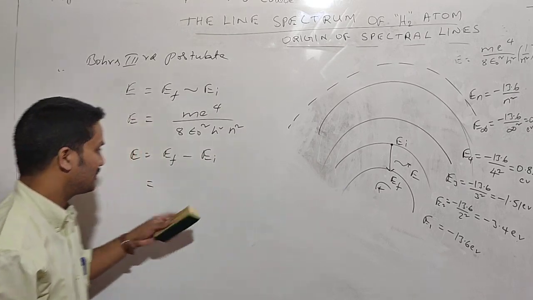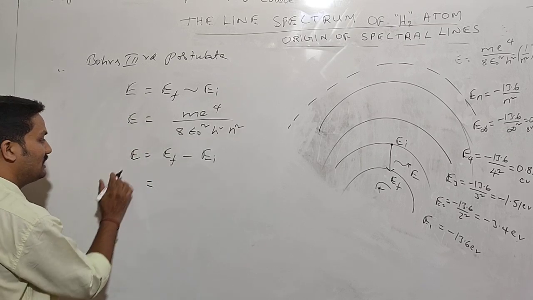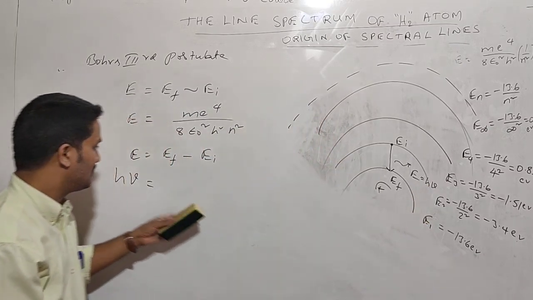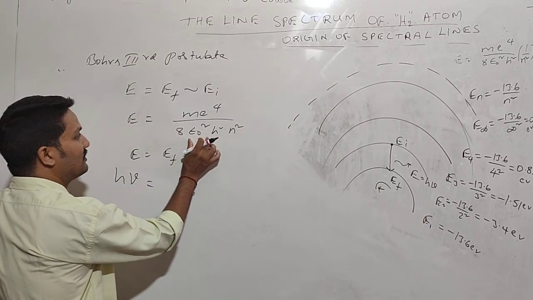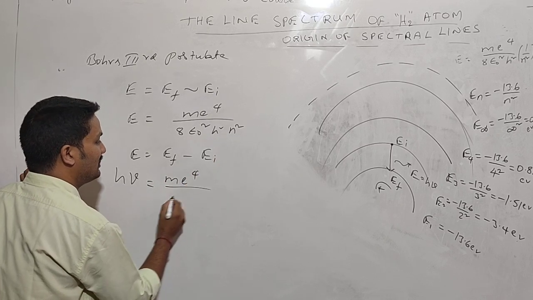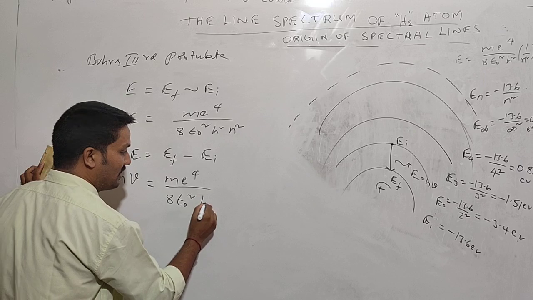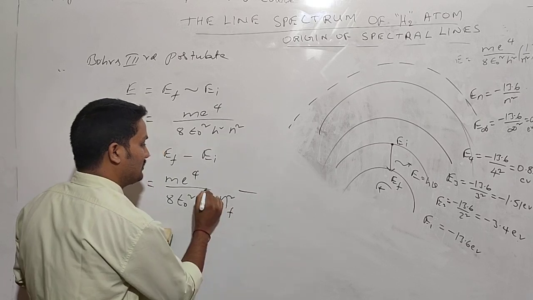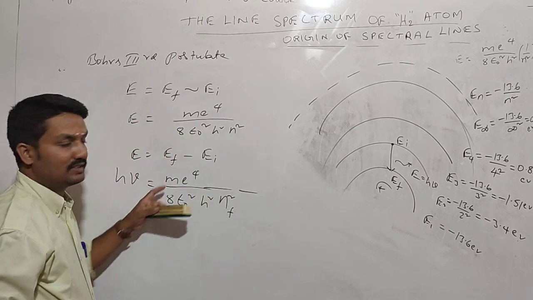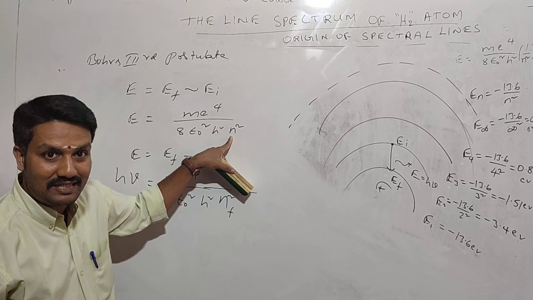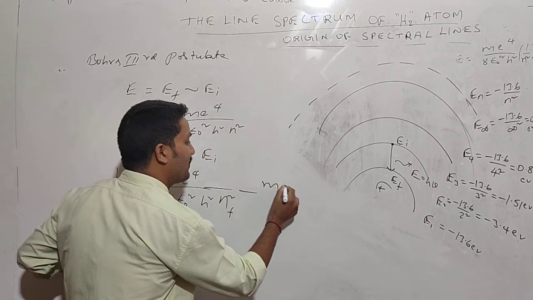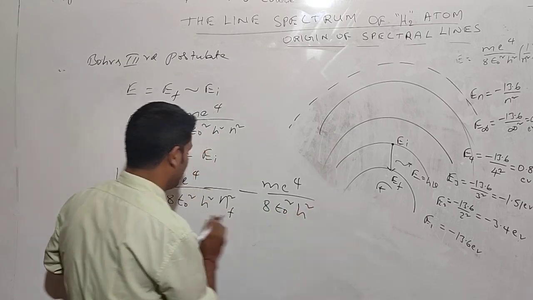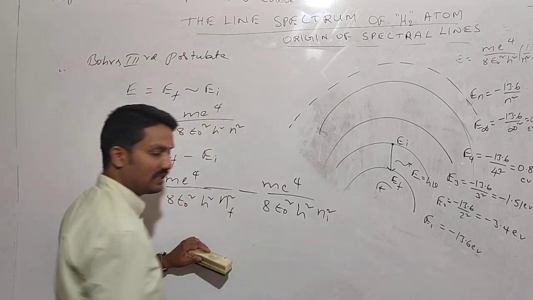Now, according to the third postulate, E is nothing but h nu, so E is equal to h nu. Now for Ef, we substitute m e power 4 divided by 8 epsilon naught square h square, times 1 by nf square, minus Ei, where again in the formula n is replaced by ni, giving m e power 4 divided by 8 epsilon naught square h square, times 1 by ni square.